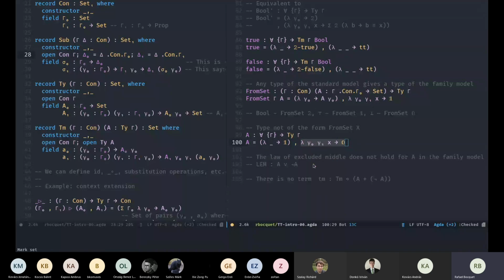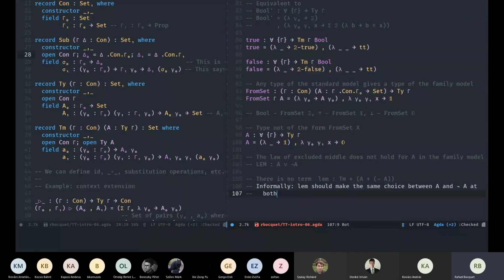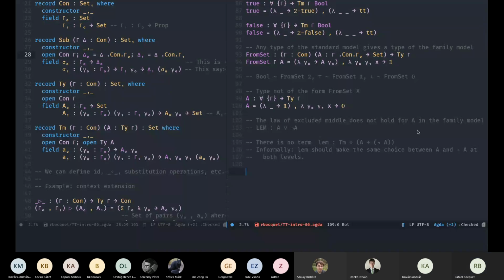And this will imply that, if you want to prove that either A or not A, we need to make the same choice at all levels, and this will not work with this type A. Okay, so maybe let's first define some types.